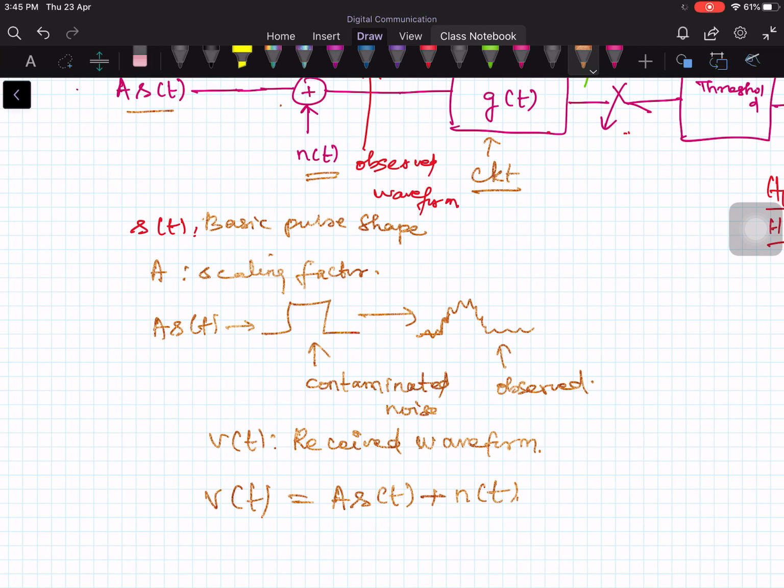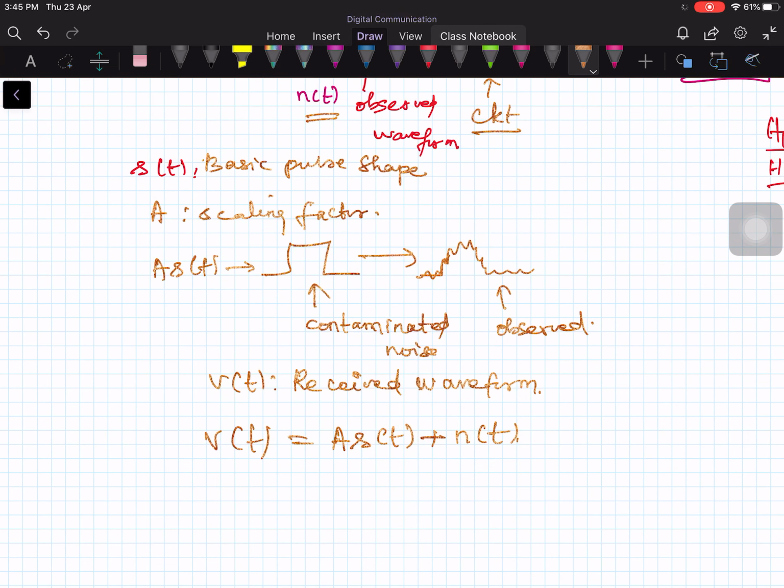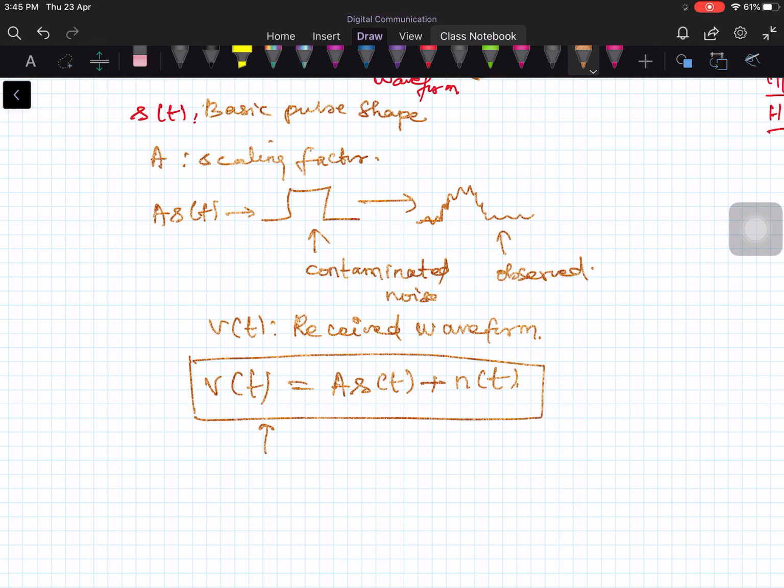So this is what you received. This is my signal which I am receiving. Now what can I do? Because my transmitted signal is disturbed by noise, what shall I do? I need to remove the noise completely and pass the signal without any attenuation.